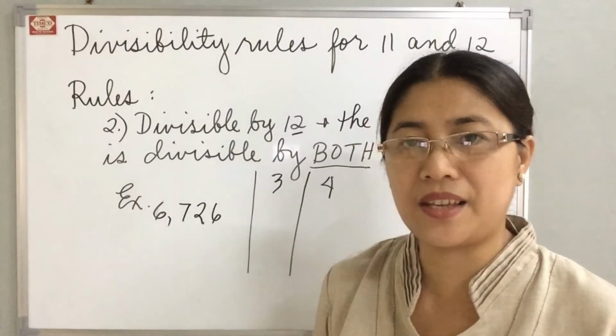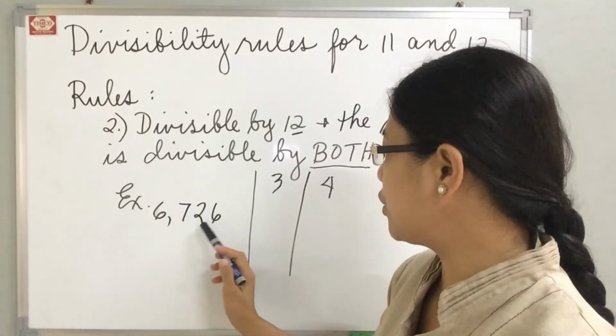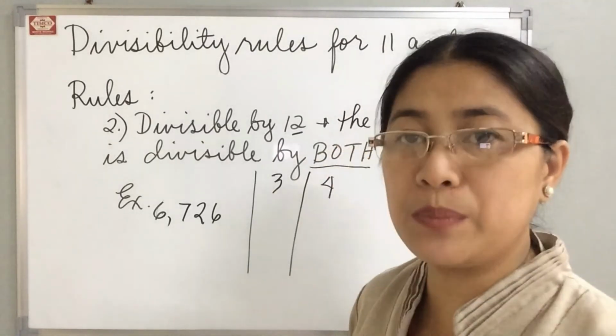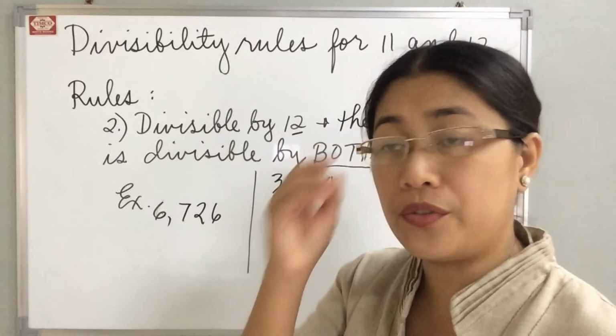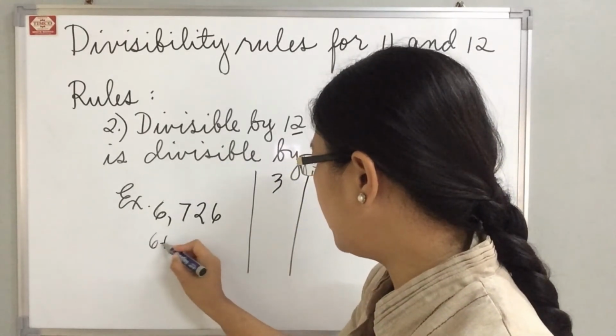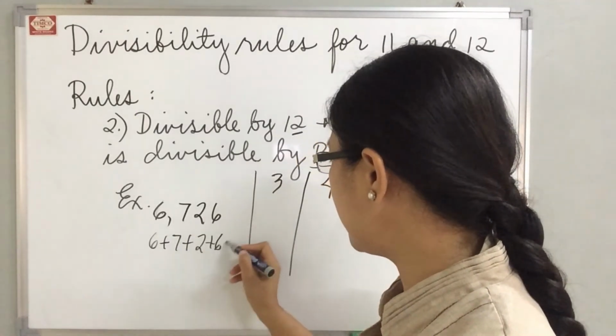Okay? Let's have this last example. We have 6,726. So let's identify if it is divisible by both numbers 3 and 4. Okay, first, add the digits. We have 6 plus 7 plus 2 plus 6.